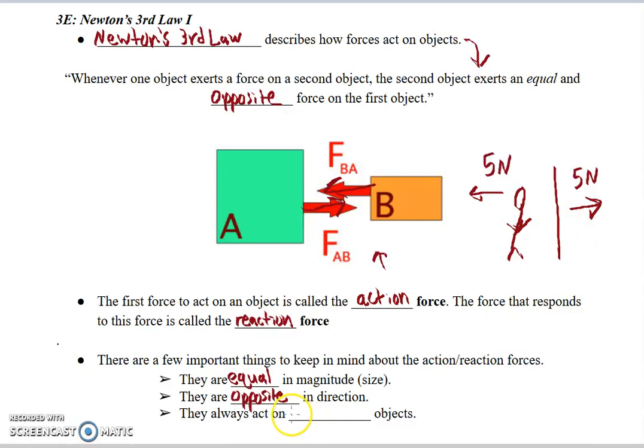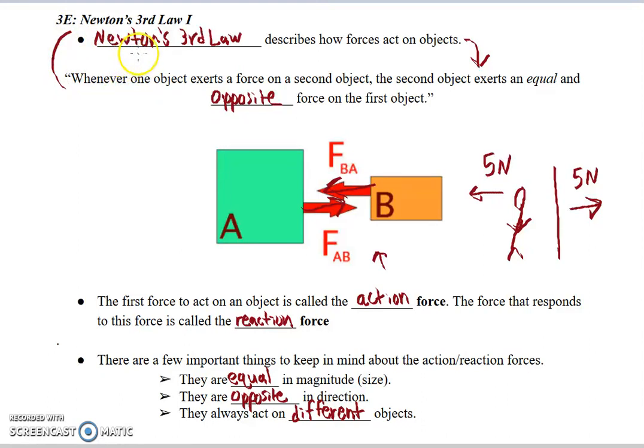And the last thing to keep in mind is they always act on different objects. So again, one of these forces is acting on the wall, pushing the wall. The other force is pushing you. So that's important to keep in mind. Newton's third law is fairly straightforward, though there are a couple of tricks to it.